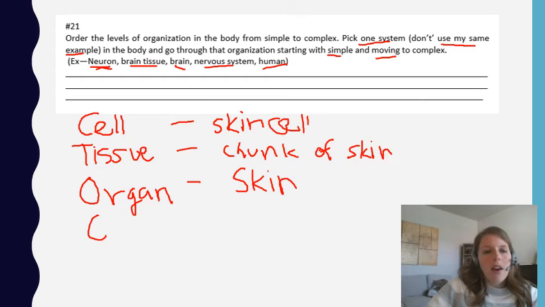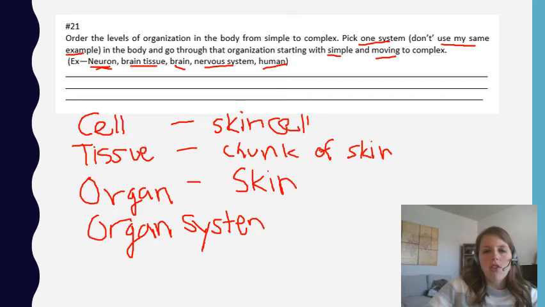And then you have your organ system, which would be the whole, it's called the integumentary system, which I know we didn't really learn too much about this, but integumentary system.